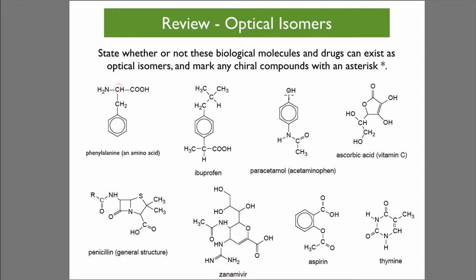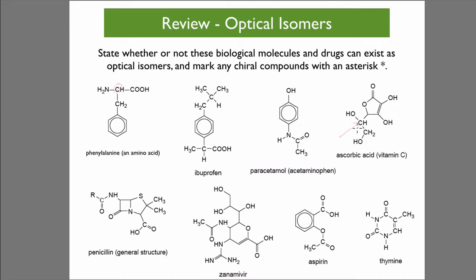Over here, nope, there are no chiral carbons, so paracetamol is not. Over here, this carbon here is attached to OH and H, CH2OH, and this big group here. So yes, this carbon here on vitamin C is chiral.